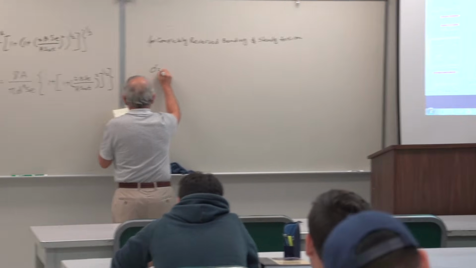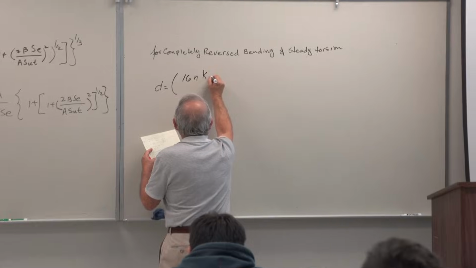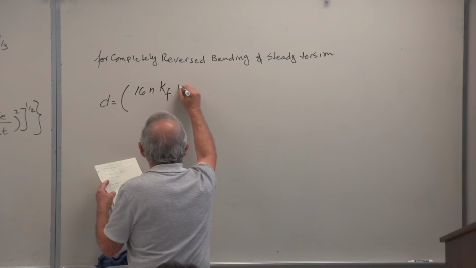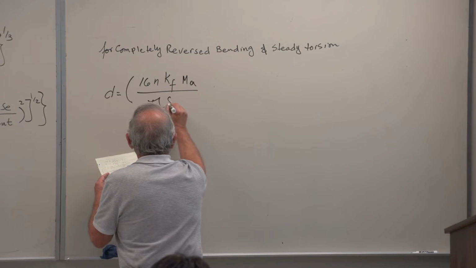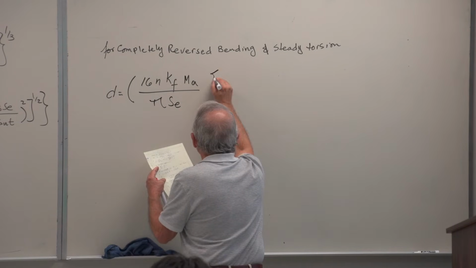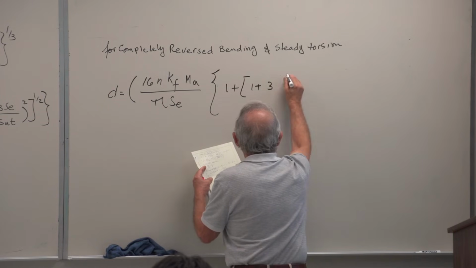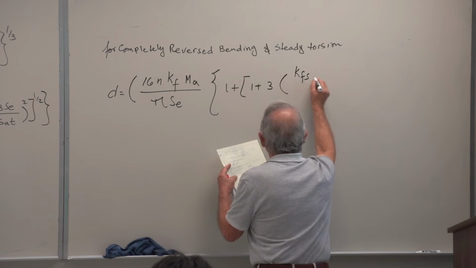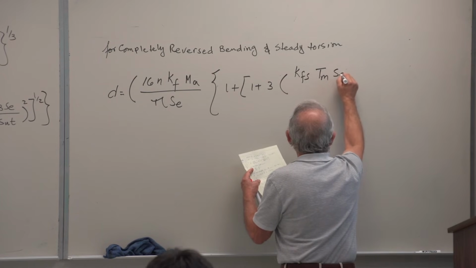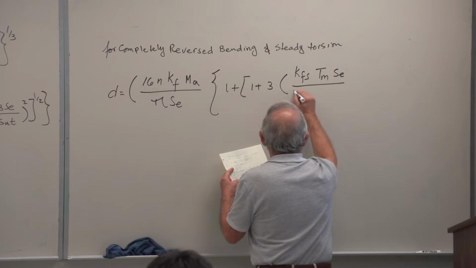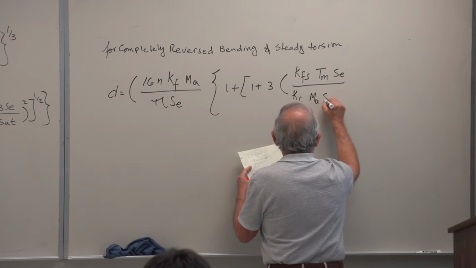D equals 16N KF, that's the stress concentration factor, fatigue, MA divided by pi SE times 1 plus 1 plus 3 KFS TM SE divided by KF MA SUT.